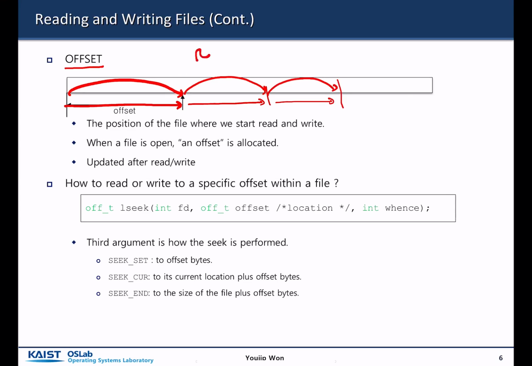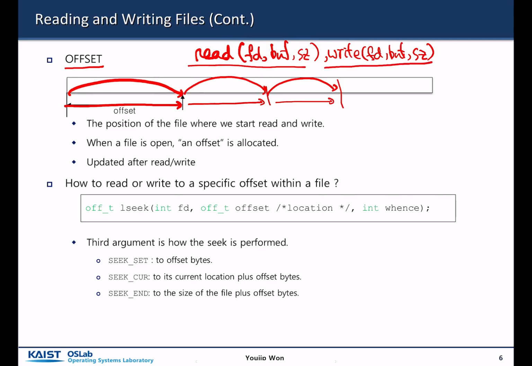So if you look at the details of read system call, it has file descriptor, buffer, and size. Similarly, for the write, it has file descriptor, buffer, and size. The very, very interesting phenomenon in this function is it does not specify where you are going to read the data from or where you are going to write the data to.